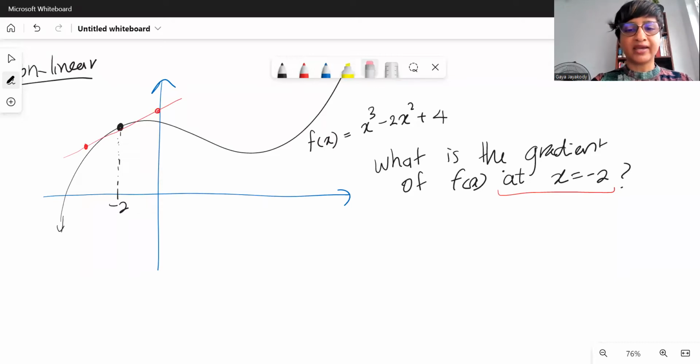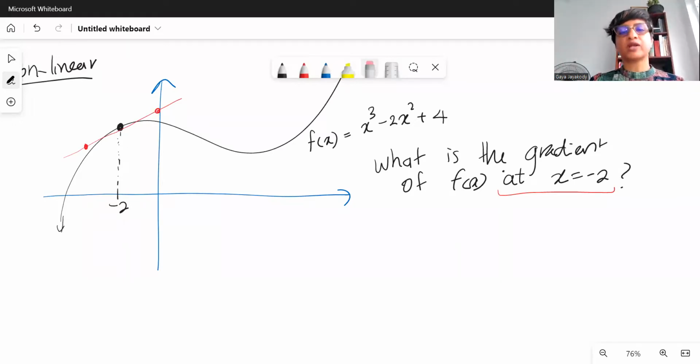Now if I ask you what your speed was, say you are driving from Nugegoda to Kirulapana.